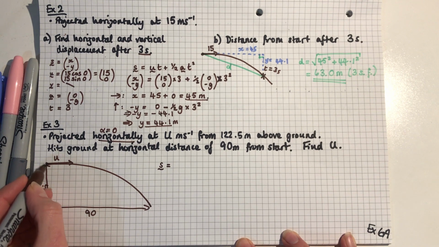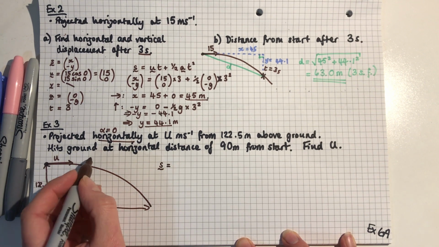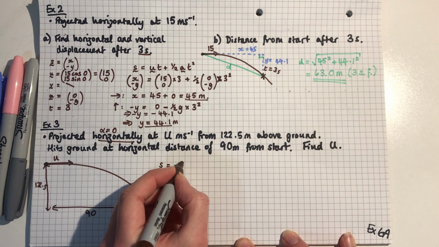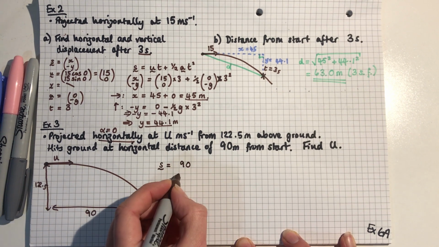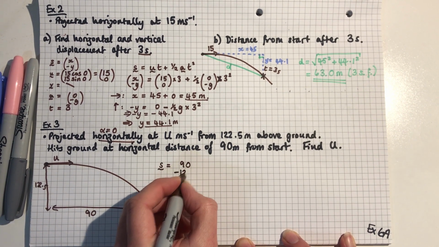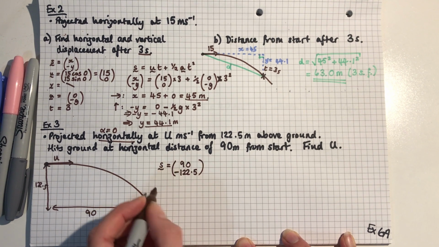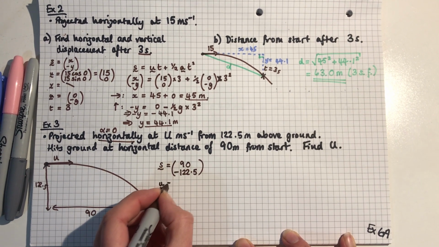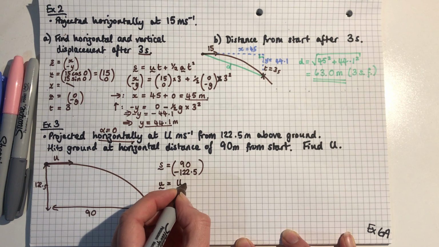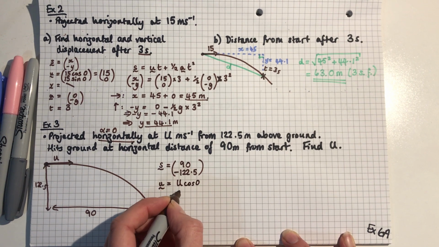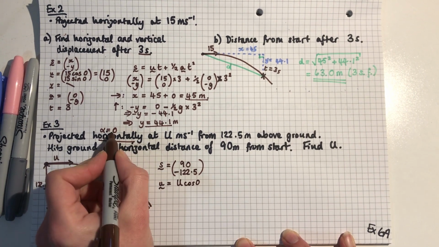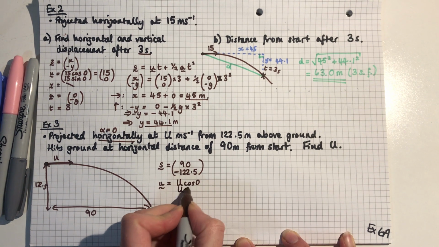Our displacement from where we started, remember that up is positive, right is positive, so we've gone right by 90, but we've gone down by 122.5, so that's minus 122.5 there. U is capital U cos 0, because it's always U cos alpha, alpha is 0, and then U sine alpha.